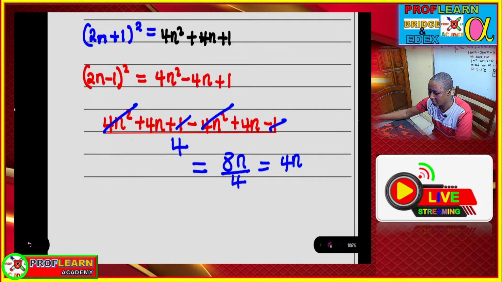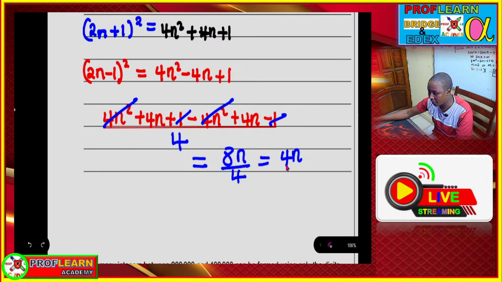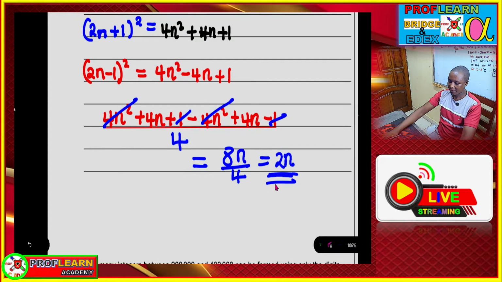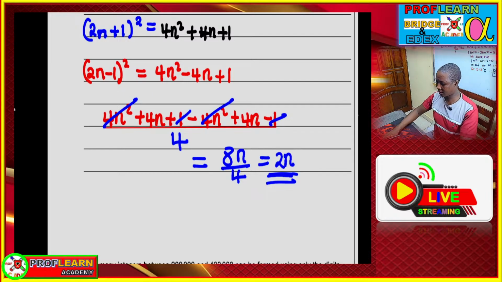And you can see, no, sorry, we are going to have 2n at this given point. And this is basically an even number. When a number is given like that, that becomes an even number.